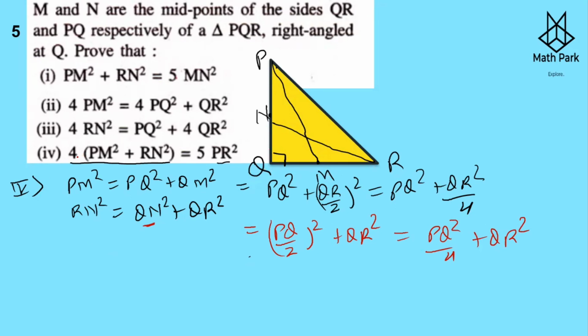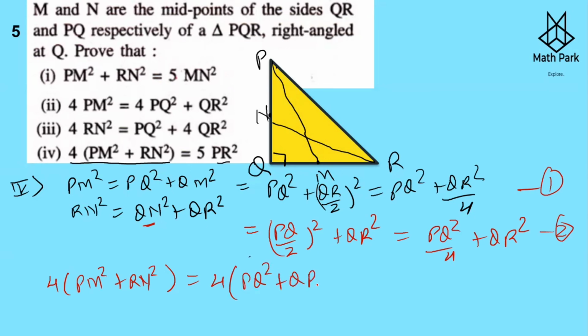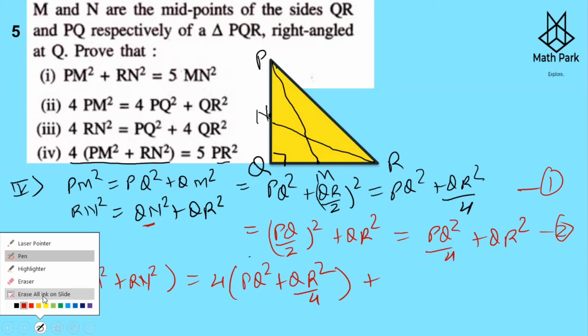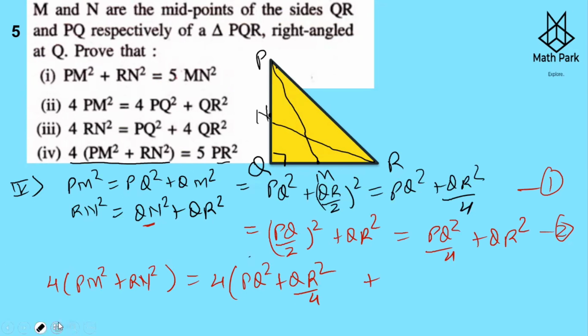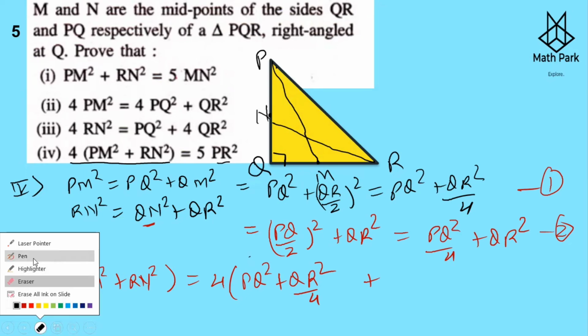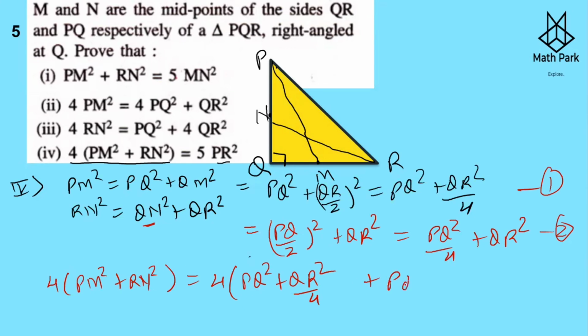Okay, now let us take this part. So we have 4 in bracket PM square plus RN square is equal to, let us write down whatever we have got over here in the first and the second part. So we have PM square equal to 4 bracket PQ square plus QR square upon 4, all inside the bracket, plus PQ square upon 4 plus QR square.